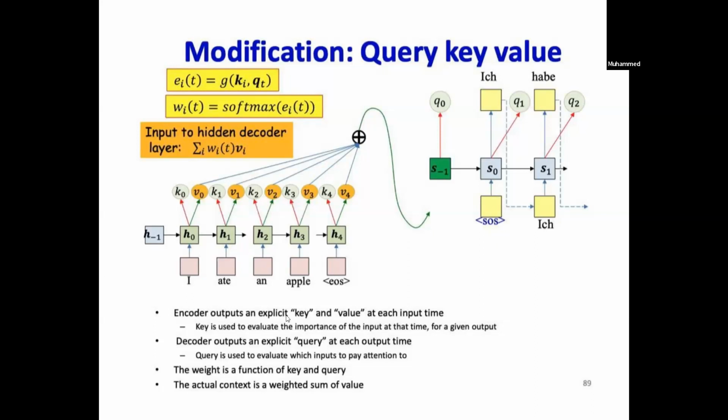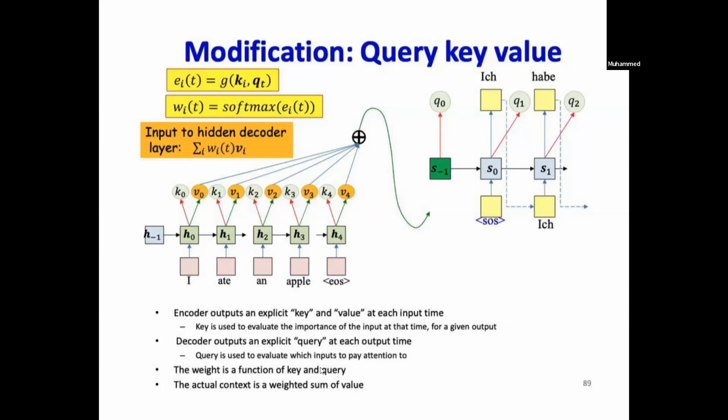So the encoder is going to output an explicit key and value at each input time, and the decoder is going to output an explicit query at each output time. The weight function here too has to be dynamic, obviously, and it is now going to be a function of the key from the encoder side and the query from the decoder. So the weight is going to be a function of the key and the query.